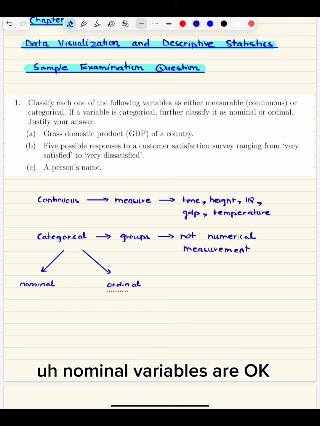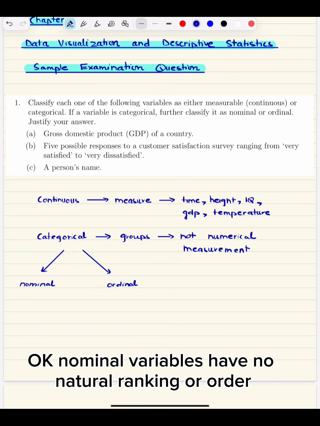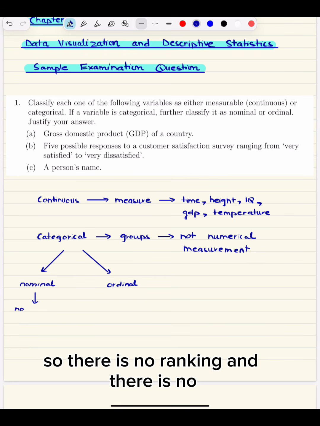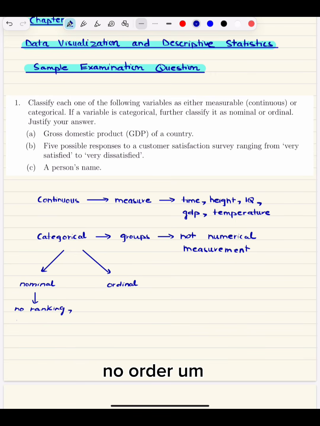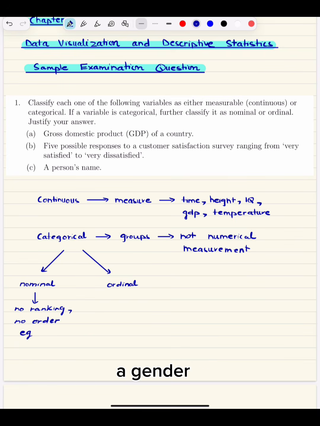Nominal variables have no natural ranking or order. So there's no ranking and there is no order. A good example that I always give my students is gender.